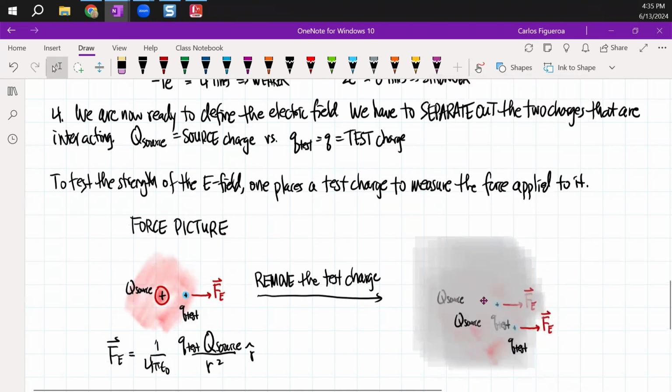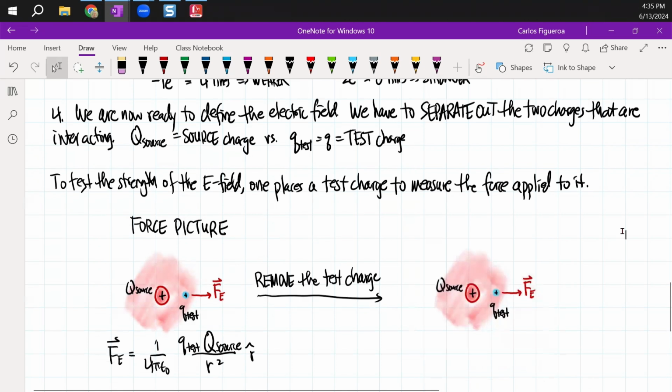I still have exactly the same setup, but now there is no test charge anymore. There is no electric force. What we do here is put a little imaginary point, a field point. And when we look at that field point, what we measure is the electric field.